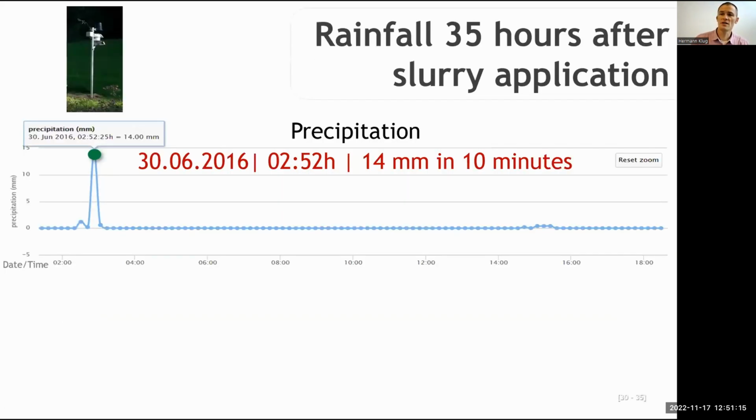In our area, which is about 720 meters above sea level, we recorded 14 millimeters in 10 minutes. It was just a push and it was gone. There was just one cloud raining for 10 minutes and then it was done. And you see that also with that peak here. It was not covering the whole area of our catchment, just one particular area where this cloud was popping up, raining, and then it was done.